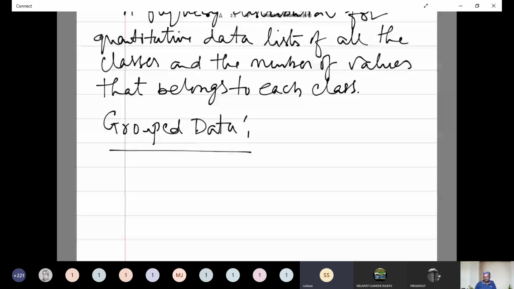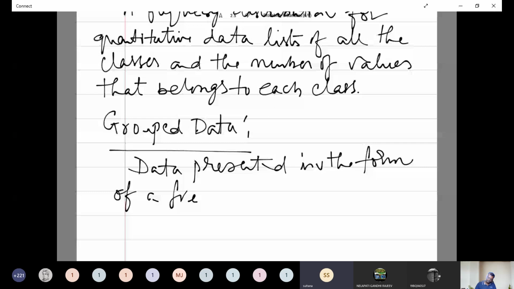Data presented in the form of a frequency distribution are called grouped data.